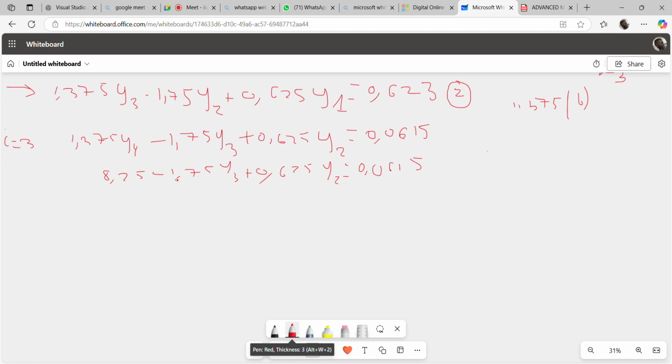Now, what is happening here? We can simplify this expression, right? You can bring the 8.25 here. We can make this expression easier by taking that 8.25 to the other side. So here we can keep minus 1.75 y3 plus 0.625 y2 to be equal to this value minus this.